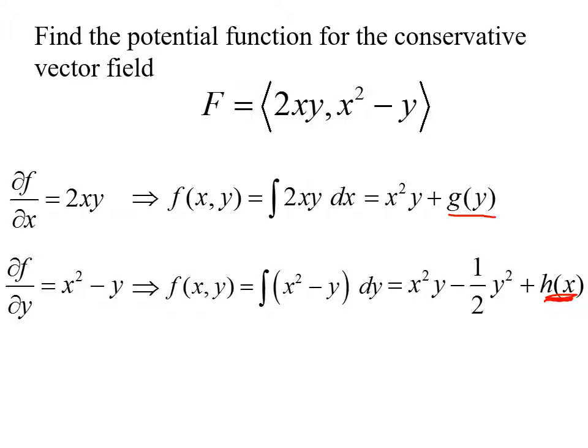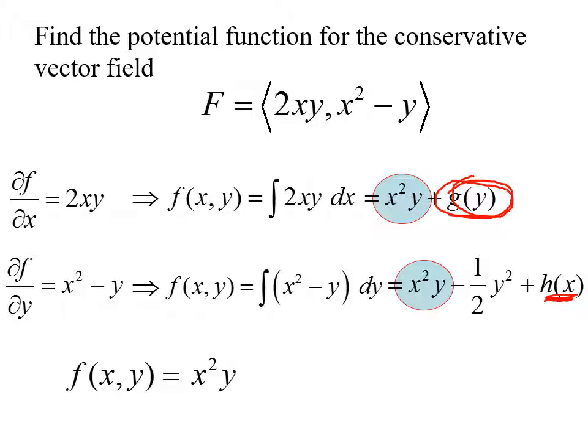Now, combining these two together, you see that we definitely have an x squared y in both of them. So our potential function has to contain an x squared y. Now, in the first integral, we had some function of y as our integrating constant.